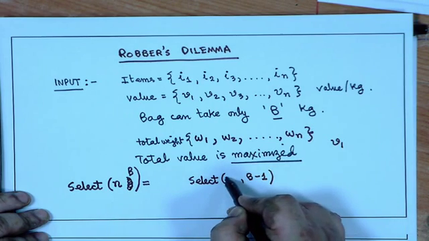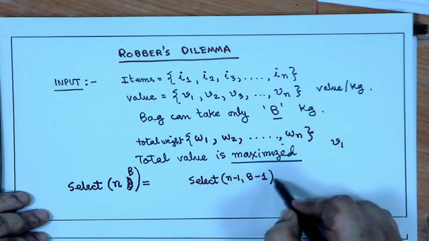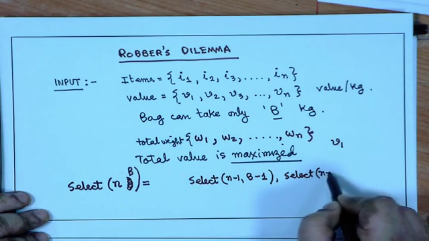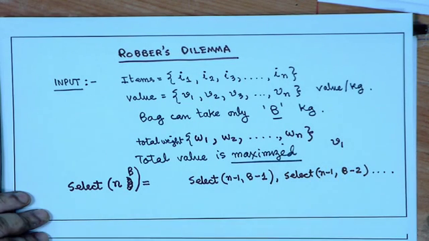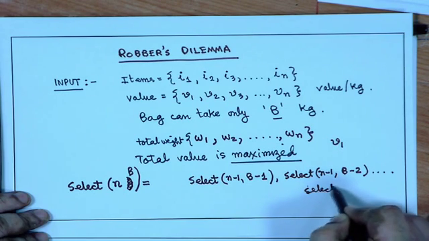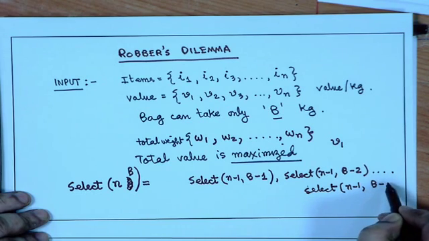So, he can choose one of them, 1 unit, or he can choose 2 units and so on, up to select n minus 1, B minus Wi.